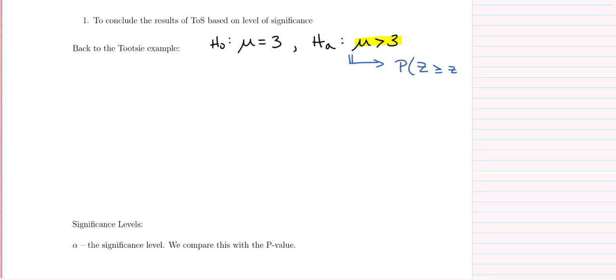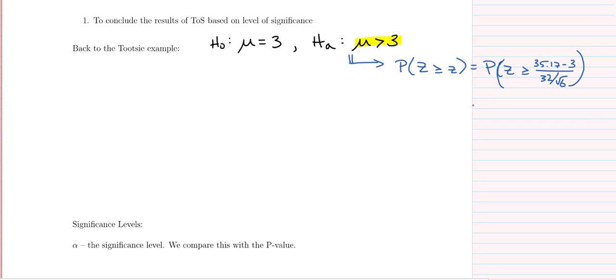So actually I'll write both of these up here so that you can see that they're equivalent. Little z is equal to 35.17 minus 3 over sigma over radical n, which was 32 divided by square root of 6.